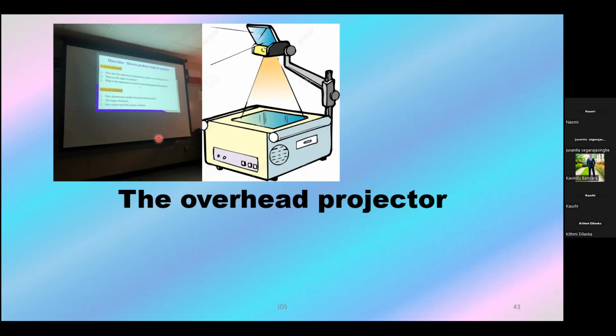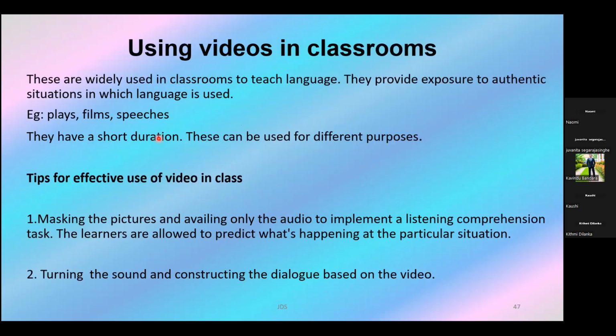Are you sure? What is getting hidden or masked, and what is visible? Masking the picture. Pictures are masked and the sound is audible.